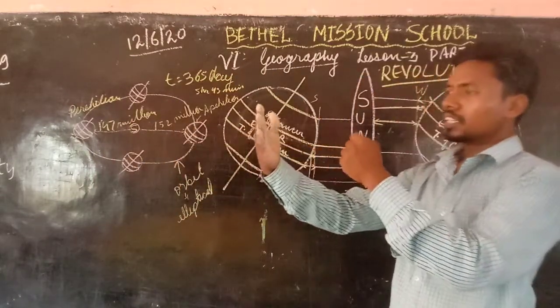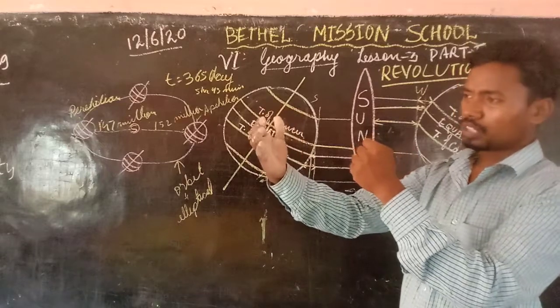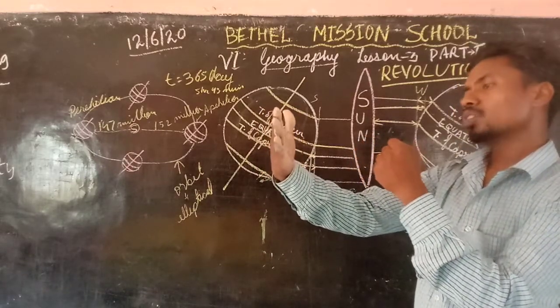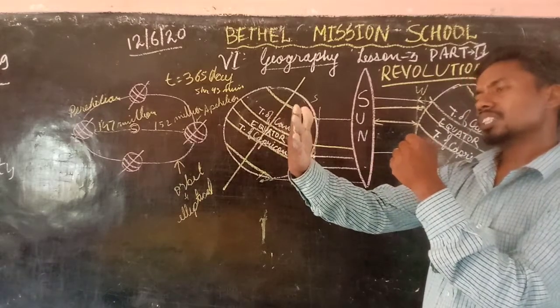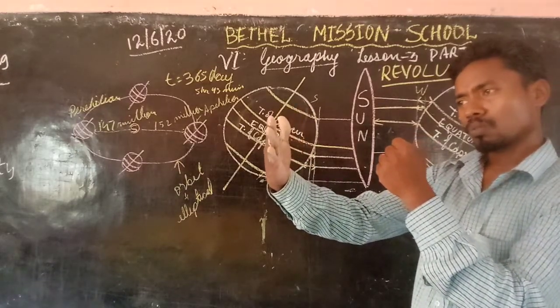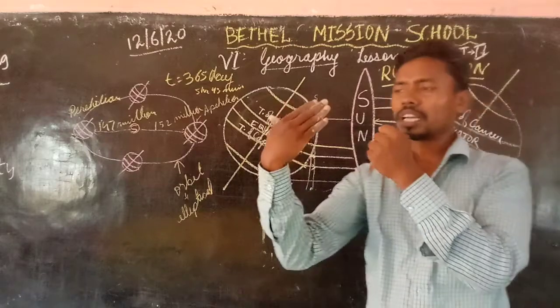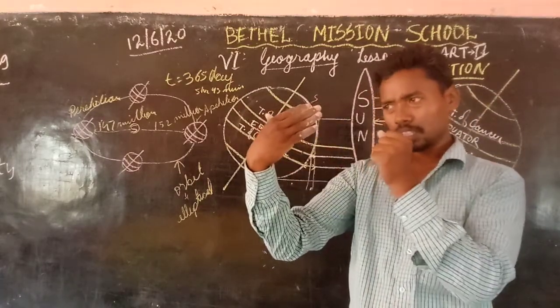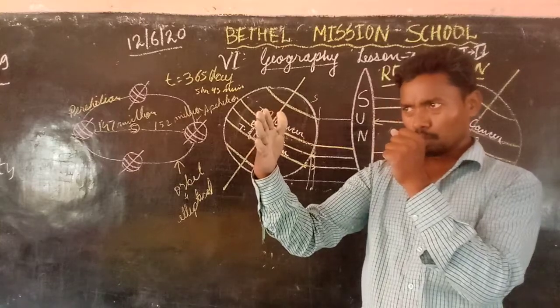Okay, when this starts to rotate in this direction, you see that the portion which was in the front and the portion which is at the back, both are at equal distance from the sun now. See, first it was like this. This portion is closer and this portion is farther. But now it is like this.